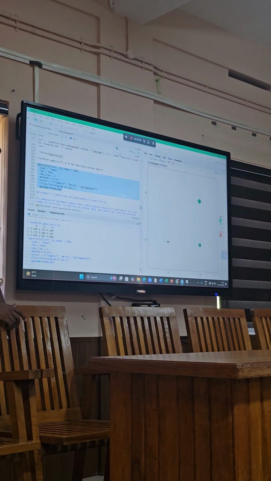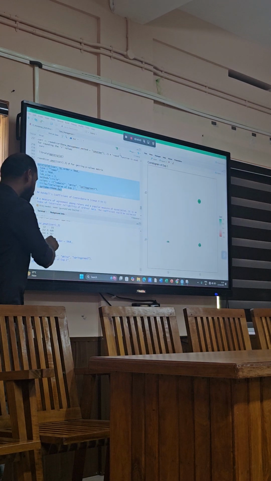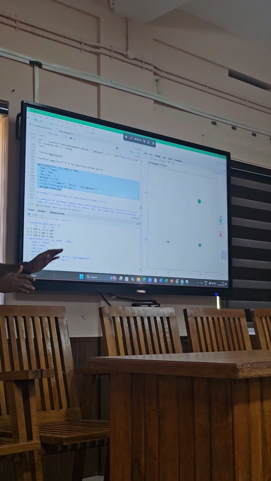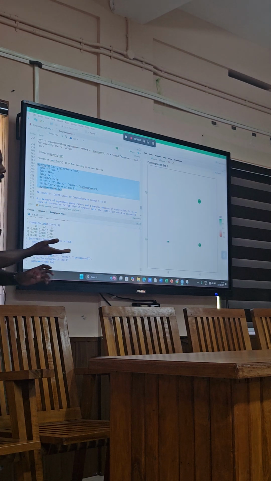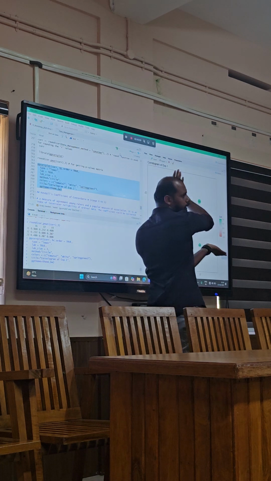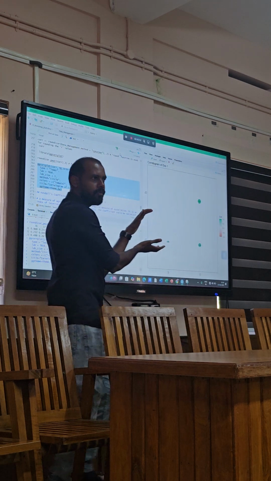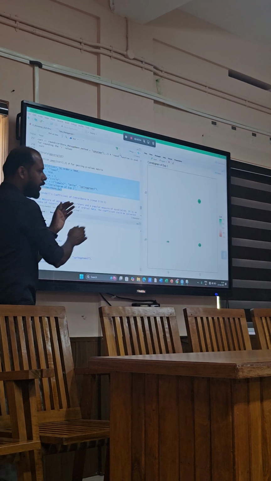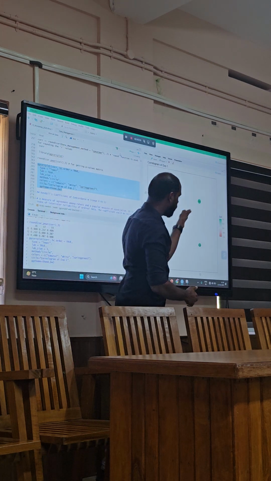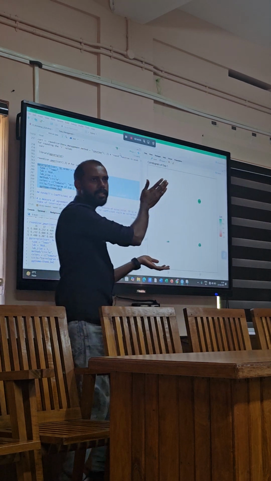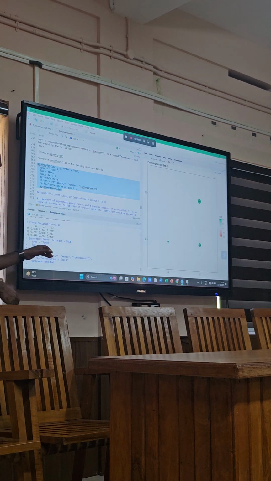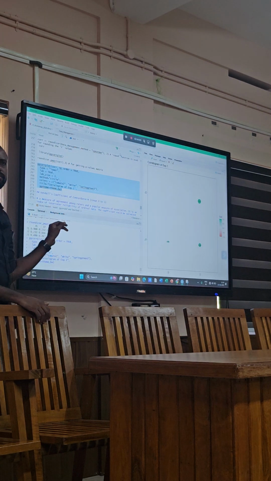Next one, type equal to lower. There you can see that there is an upper diagonal and lower diagonal, so we can actually flip this diagram. How? Type lower means you will get the lower portion of the graph. Upper means this graph is flipped into the opposite direction. That is the type.